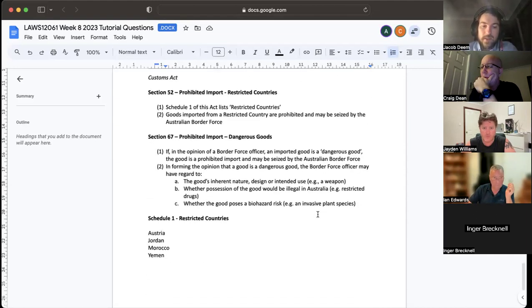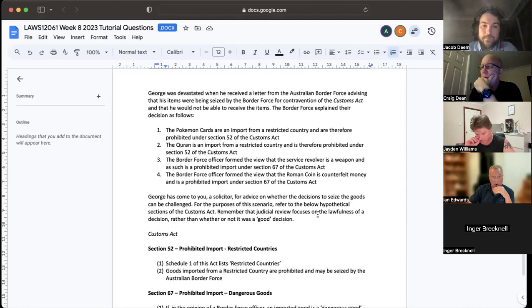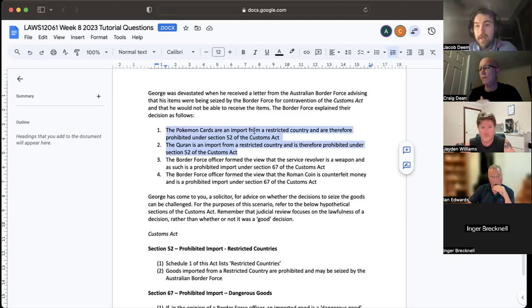So when we think about comparing the Pokemon cards from Japan, they're from Japan. Japan's not on the list. So we can say this is a jurisdictional fact. This was a jurisdictional error. The border force acted as if they had jurisdiction, which would have been triggered by the import coming from a restricted country, when in fact they did not.